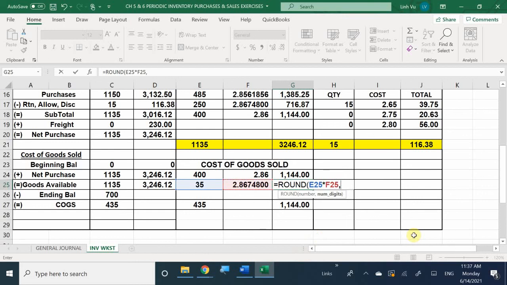So what is my total cost of selling 35 items? $98?